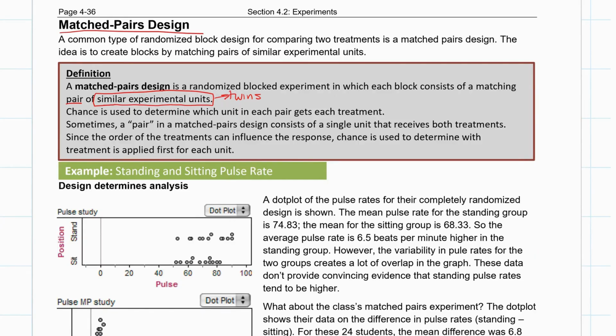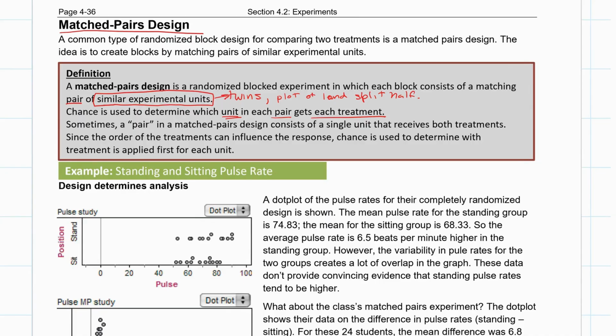They're very similar. It could be a plot of land split in half. But what we're looking for is two things that are nearly identical. And then let chance determine which of the two in each pair gets which treatment.